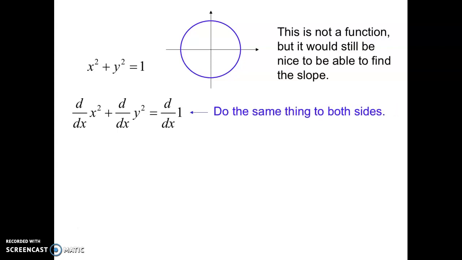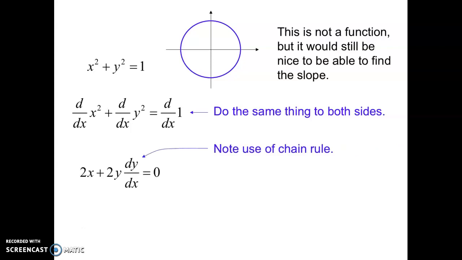If I took the derivative of each piece as I move across this expression, and doing the same thing to both sides of the equation, I would get the derivative of x squared, which is 2x, the derivative of y squared, which when we use the chain rule is the derivative of the outside function, bringing the 2 to the front and then multiplying by y, times the derivative of the inside function, that we talked about a little bit in the last section with the chain rule, times the derivative with respect to x of 1, which is equal to 0.